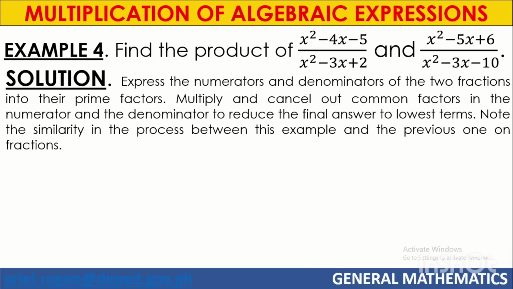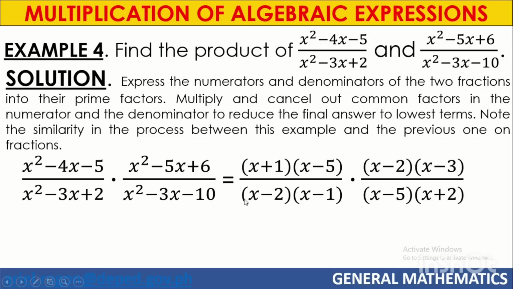Then multiply and cancel out common factors in the numerator and denominator to reduce the final answer to lowest terms. Note the similarity in the process between this example and the previous one on fractions. What we do is the same, except that here we need to factor first before cancellation.